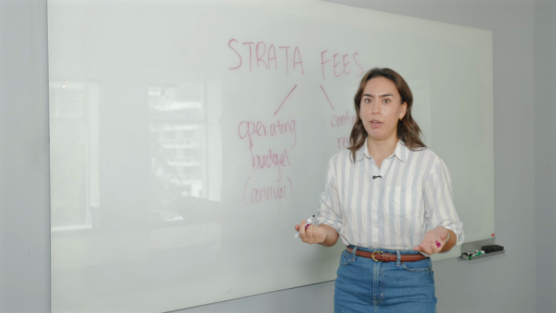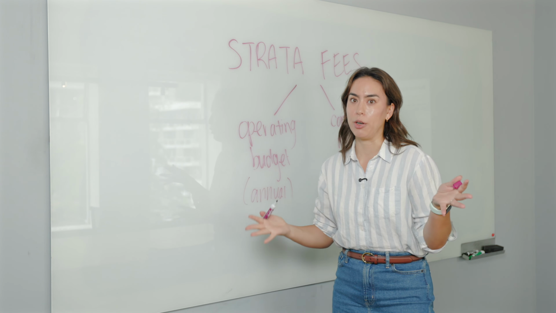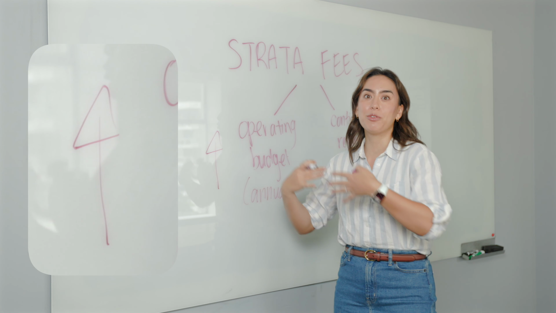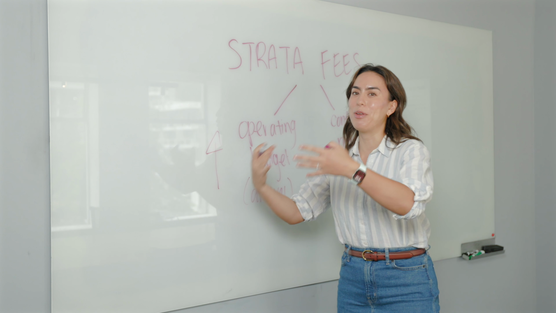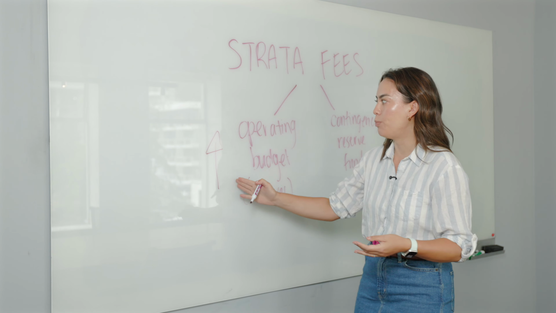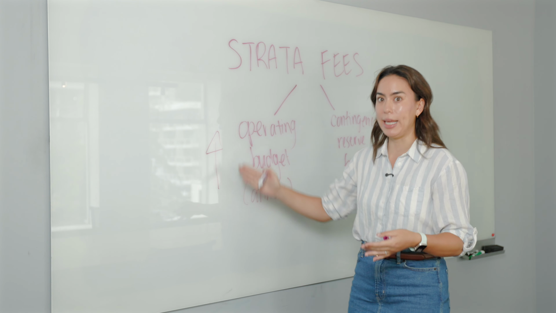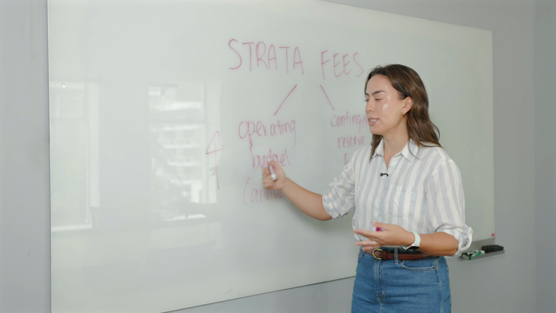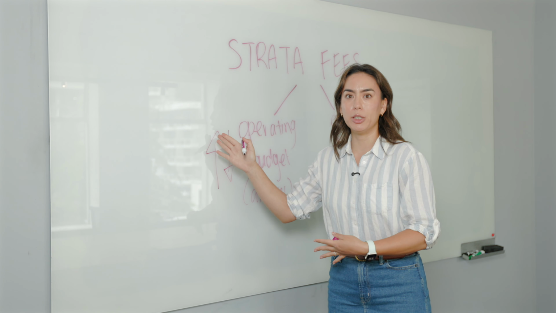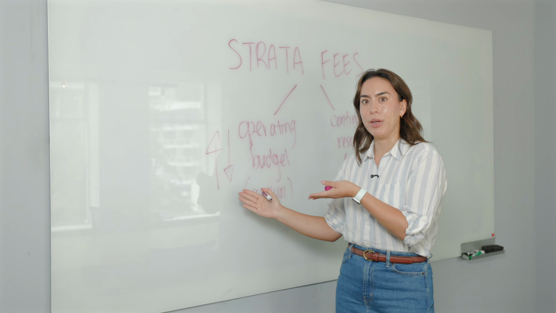So essentially, if you have inflation in general in the market, right? And any of these costs go up. If the cost of roof maintenance goes up, if the cost of property management goes up, if the cost of electricity goes up, then you can expect this operating budget to increase, right? Unless there is a subsequent decrease. So for example, maybe property management goes up, but the landscaping bill goes down.